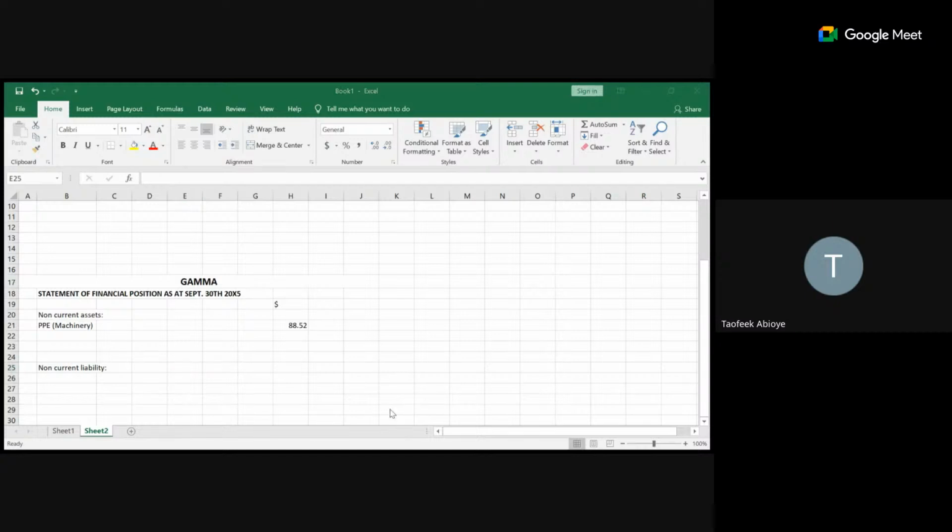Hold on, let me check. Yes, the name of that loan. So it's a preferential loan. So let's call it preferential loan.